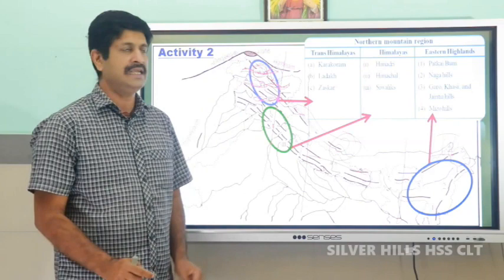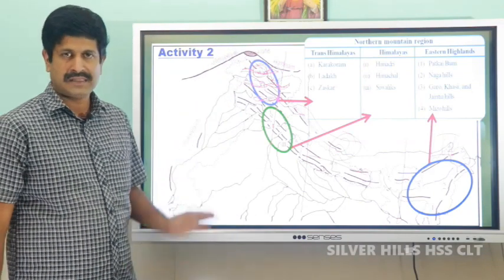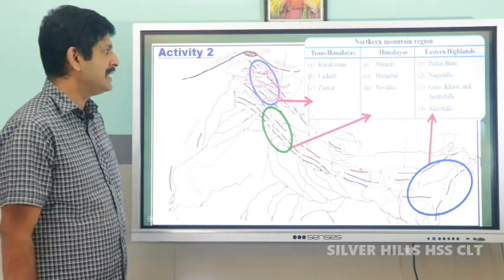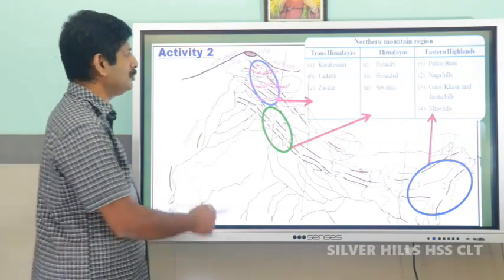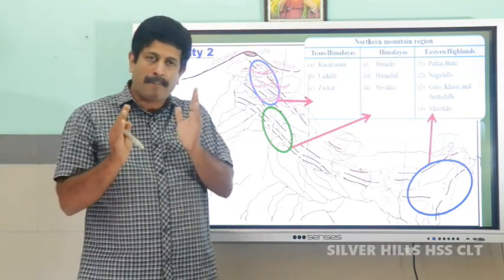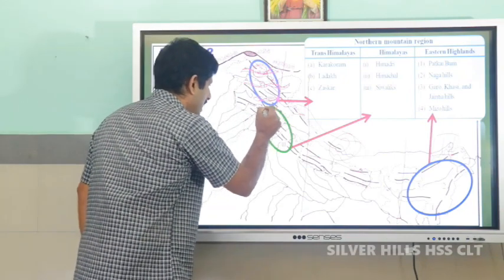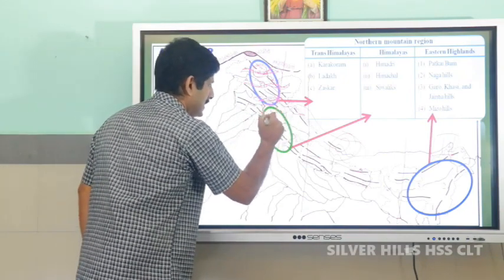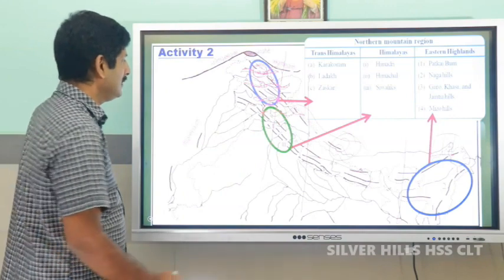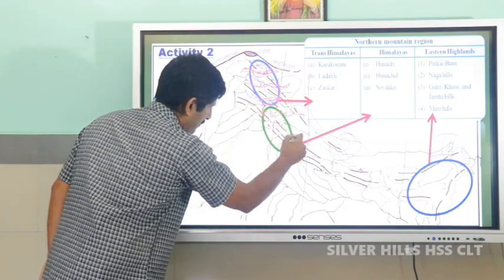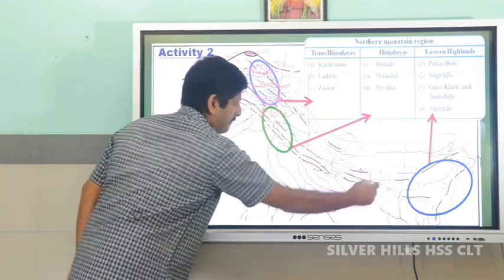The second thing is the Himalayas, and it has been broadly classified into 3. One we call Himadri. Here is the Himadri, the first one, till here.